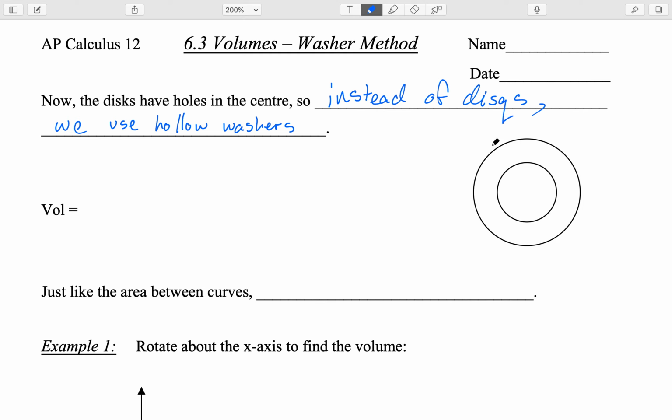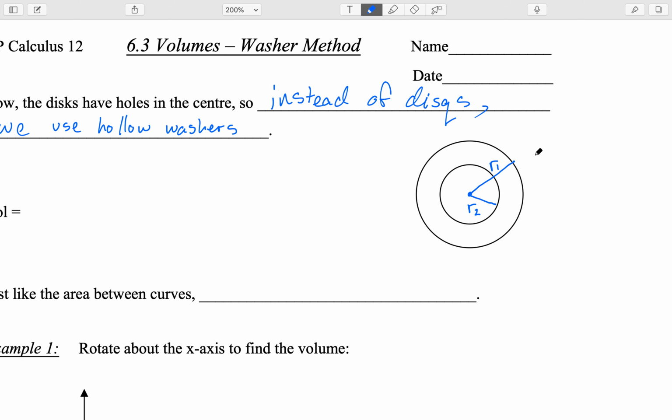That's even better. So how do you do the area? Remember we used pi r squared before. Well, now we're not dealing with one radius, now we're dealing with two. So we've got r1, the big radius, and r2, the small radius. And if you think about it, the area here is pi r1 squared minus pi r2 squared.